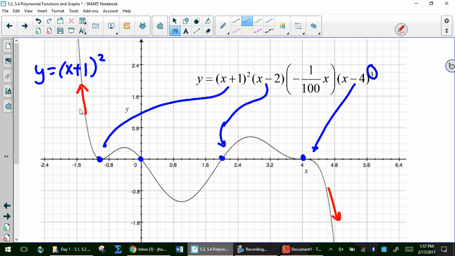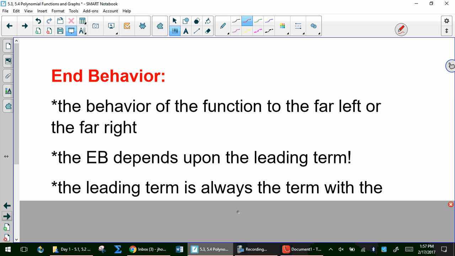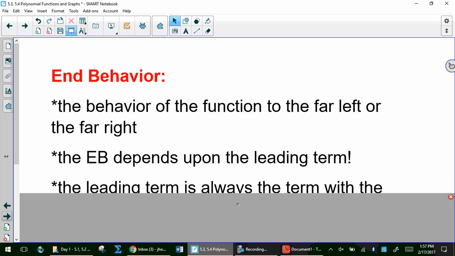Do you see that? So, this is called end behavior. We can figure out the behavior of a polynomial function if we're looking at the far left of the graph or the far right of the graph.